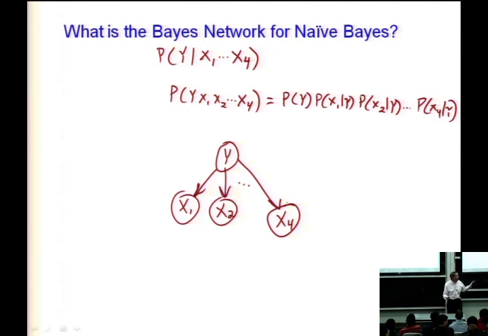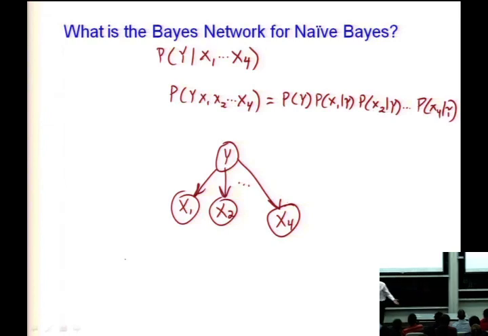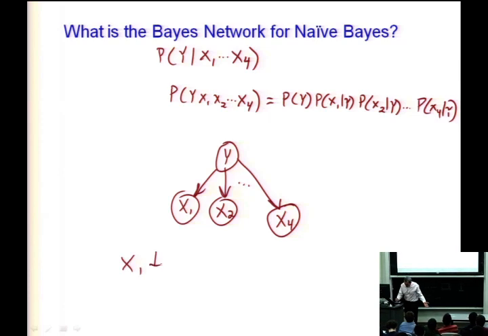Or put another way, what are the conditional independence assumptions implicit in this graph by our rule about, let's say, x1? What is x1 conditionally independent of, among its non-descendants, given its immediate parents? Beautiful, right? x1 is conditionally independent of x2 given y. x2 is a non-descendant of x1.